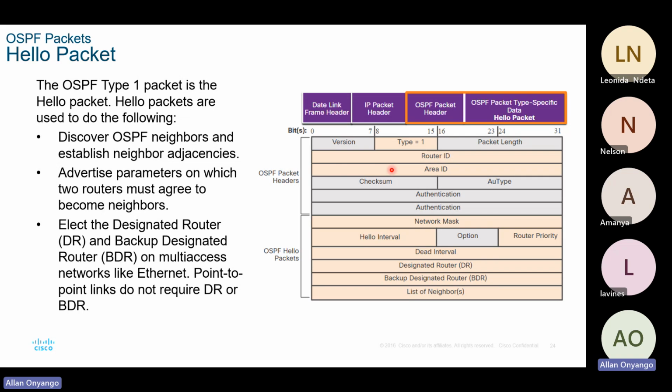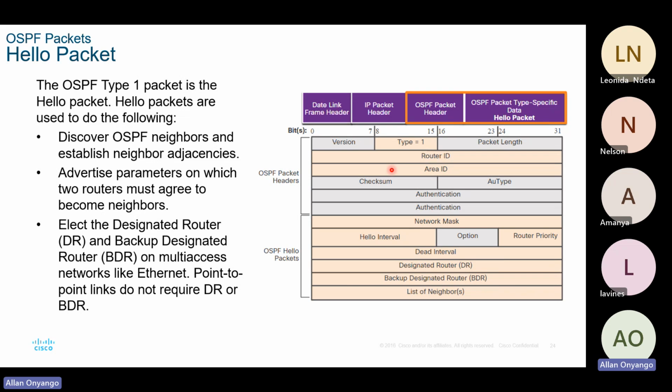And then they elect a deputy of the DR, we call it the BDR, backup designated router. So they elect a DR and the BDR, and the election is done using the hello packet. All right. And any router that is not a DR or a BDR will be called a DR other, or DROTHER. We will talk more about that.